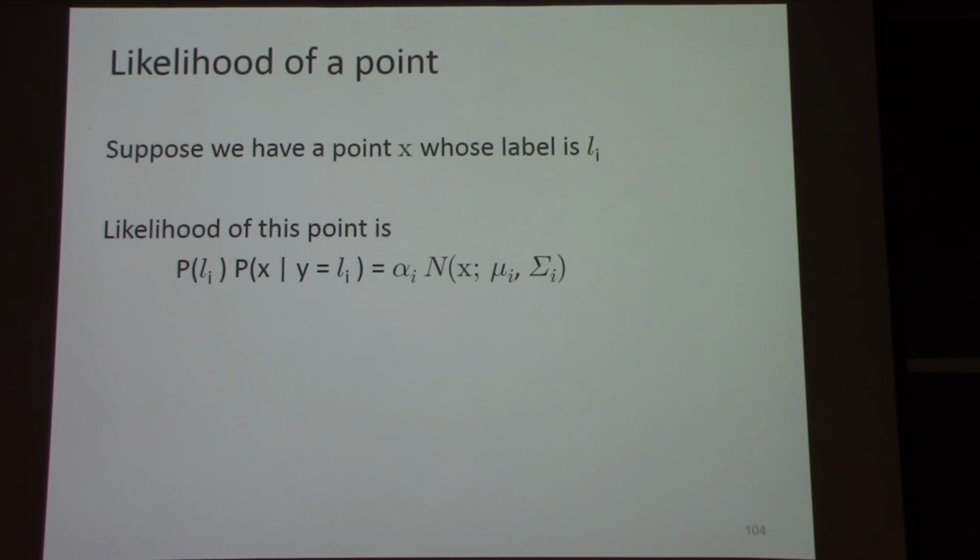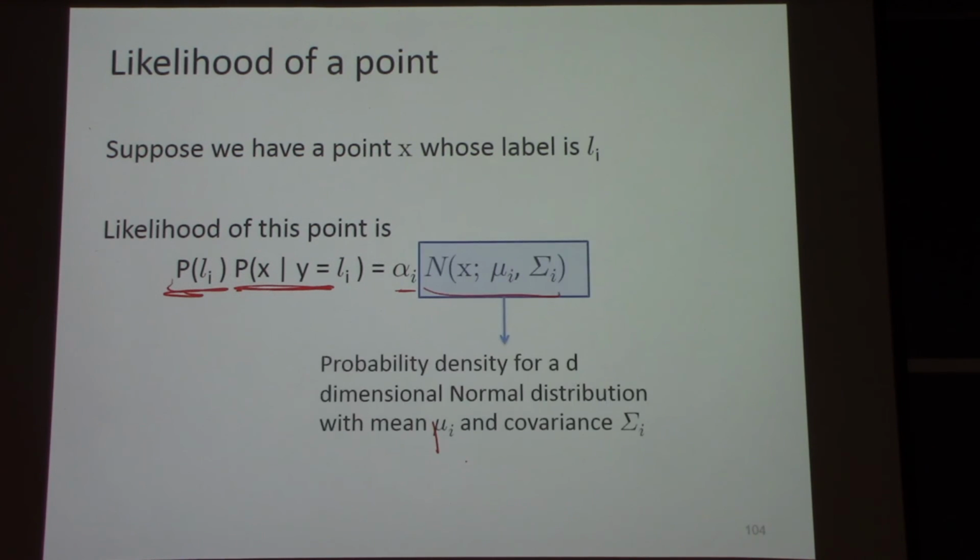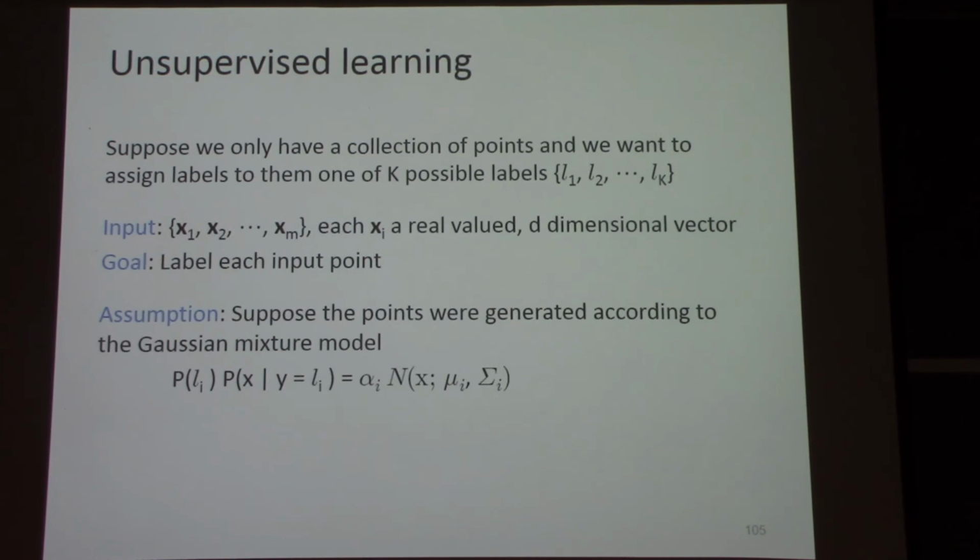Likelihood of the point is simply the probability that I chose the label times the probability that I choose the example for that label, which is just the multinomial times the Gaussian. Okay? This is a very commonly seen family of probabilistic models.